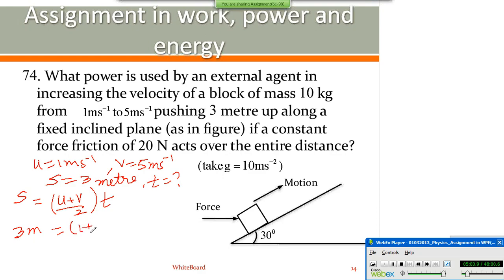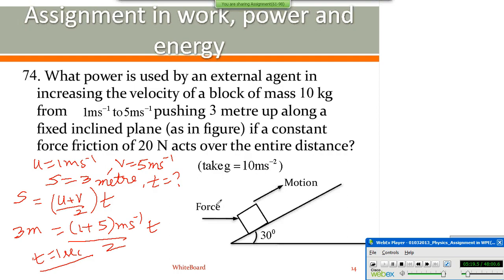The initial velocity is 1 meter per second, and the final velocity is 5 meter per second after covering a displacement of 3 meters. So you get the time of motion as 1 second. That means the time taken to move 3 meters up the inclined plane is 1 second.